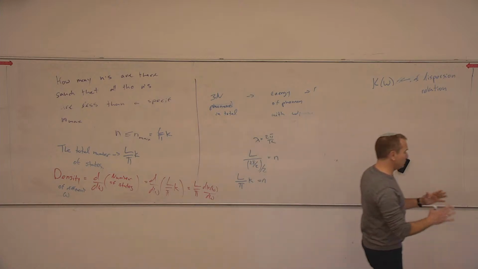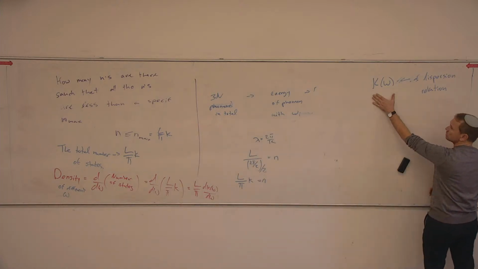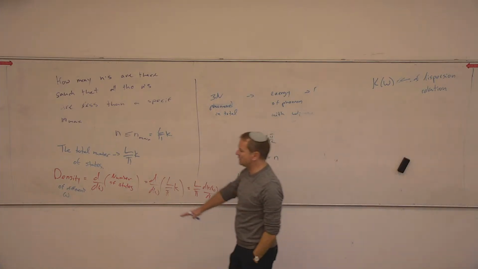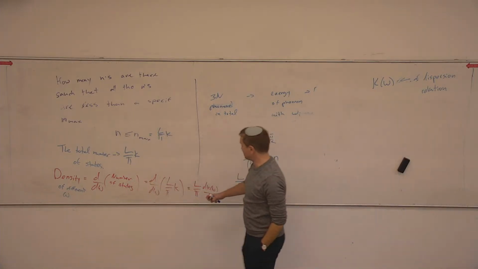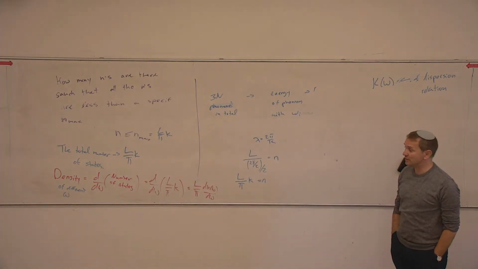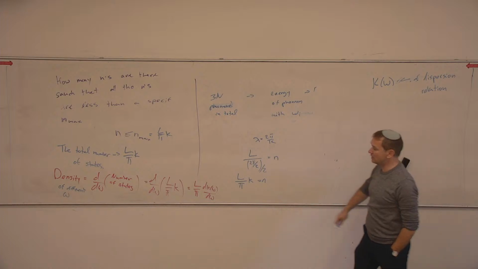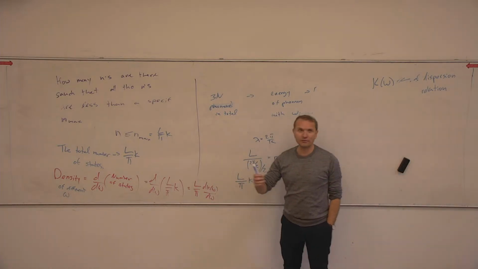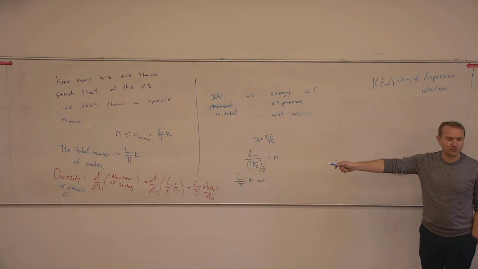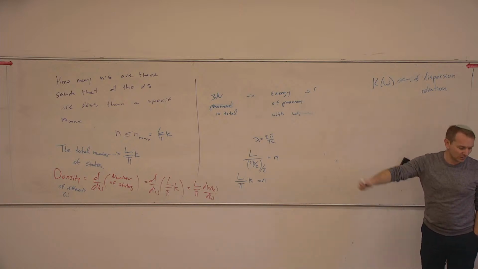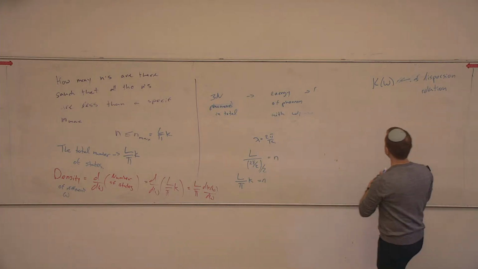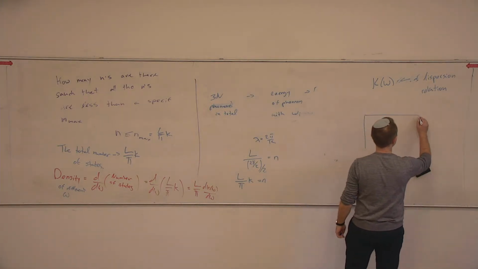So this is the idea of Debye. You assume something about the dispersion relation. The moment you know the dispersion relation, you find the total number of states using a specific wave vector, or magnitude of wave vector. The moment you know it, you take a derivative with respect to omega and you have the density. That's it. So we have done this for a one-dimensional material. Our original problem is not one-dimensional, it's three-dimensional, right?